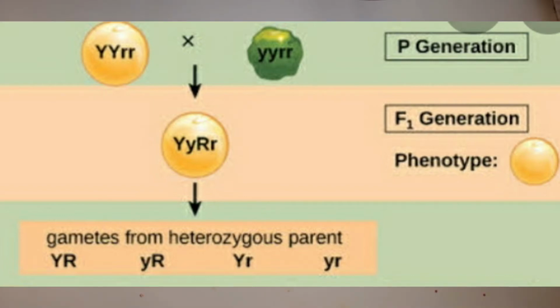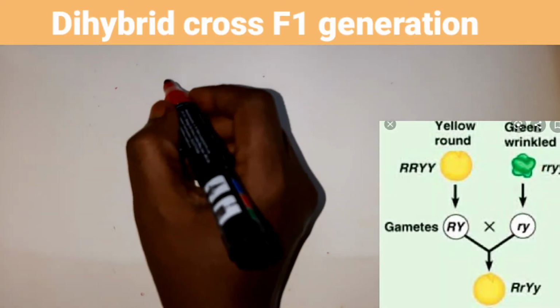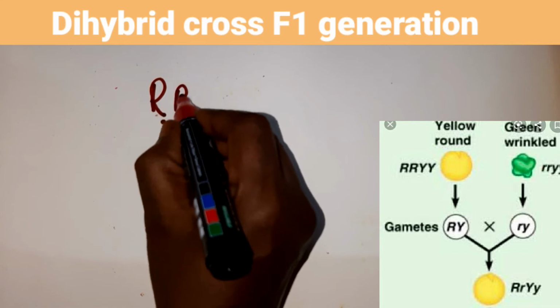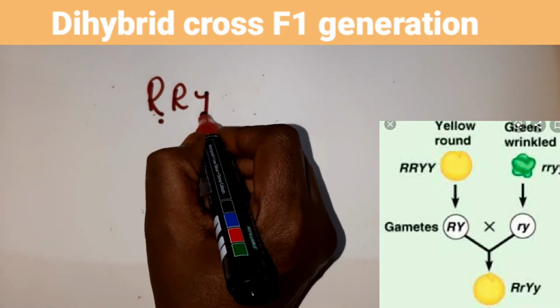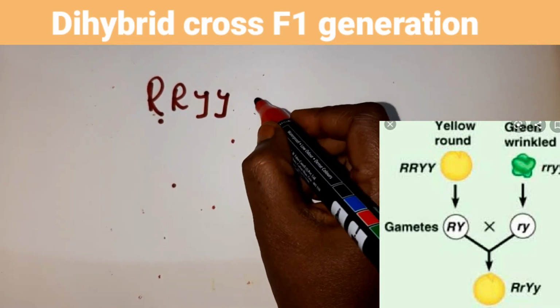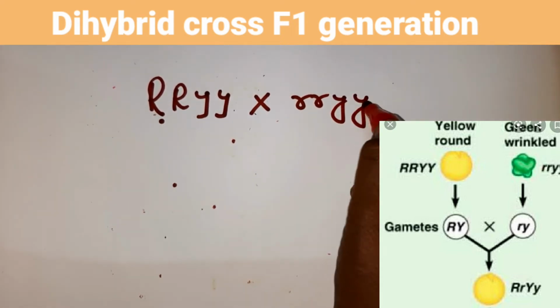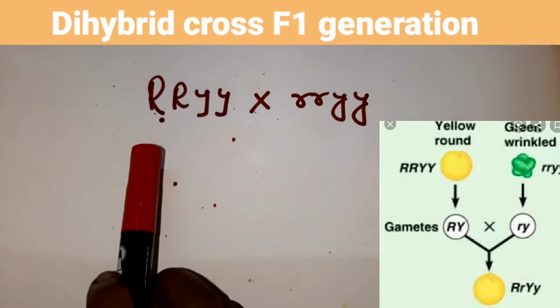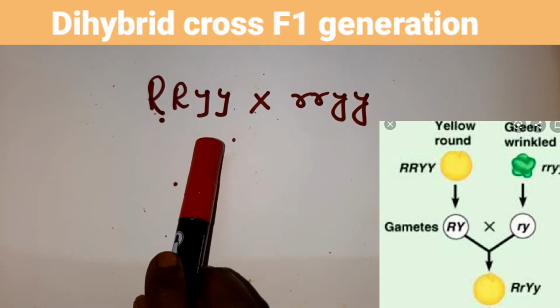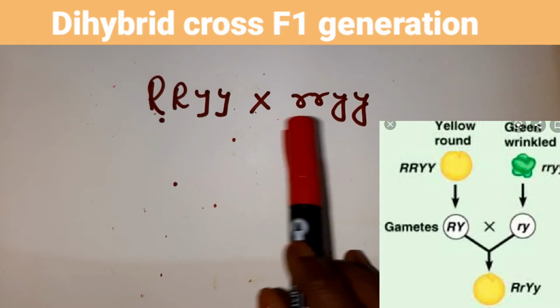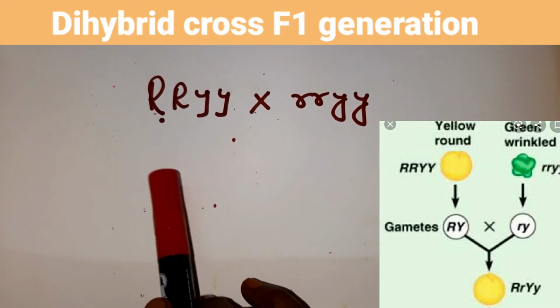Okay, children, we can see with an example. Mendel picked round yellow and wrinkled green seeds, children. Mendel picked round yellow seed plants and green wrinkled seed plants, and he cross-pollinated them.